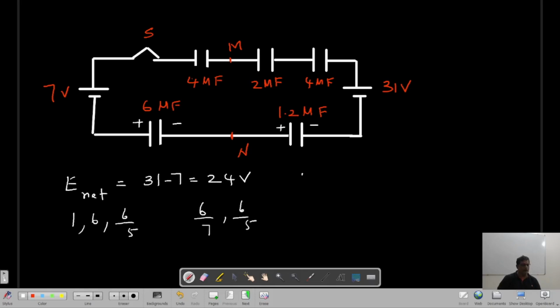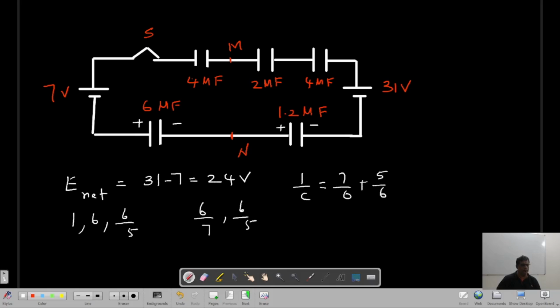So what is the equivalent capacitance of these two? 1 by C equal to 7 by 6 plus 5 by 6.